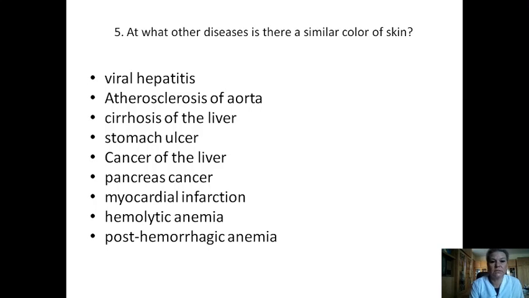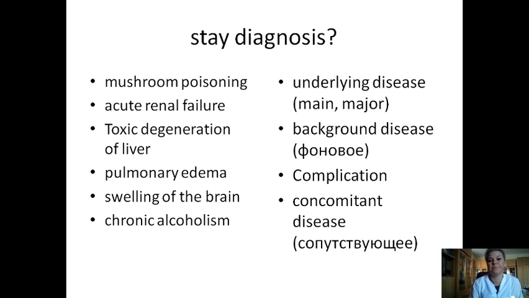Viral hepatitis, atherosclerosis of the aorta, cirrhosis of the liver, stomach ulcer, cancer of the liver, pancreas cancer, myocardial infarction, hemolytic anemia, and post-hemorrhagic anemia. Please think and state the correct pathological diagnosis.